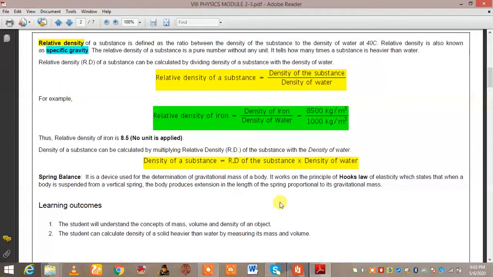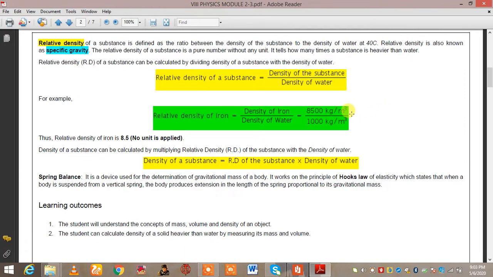Children, relative density is the ratio of the density of a particular substance to the density of water. So, if we need to calculate the relative density of a particular substance, then first we need to take out the density of the substance and then the density of water. This is the ratio, and relative density doesn't have any unit, because it is a ratio of two densities, the standard density of water in the SI system and the density of the particular substance.